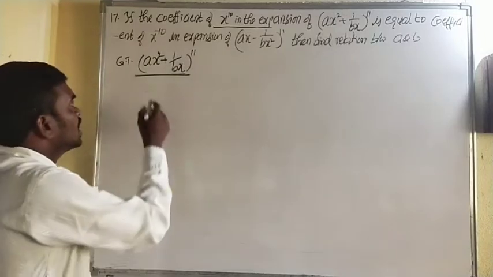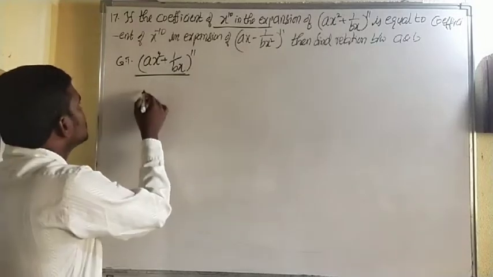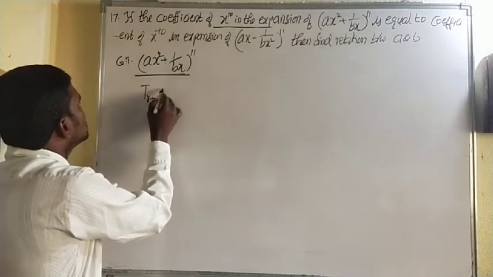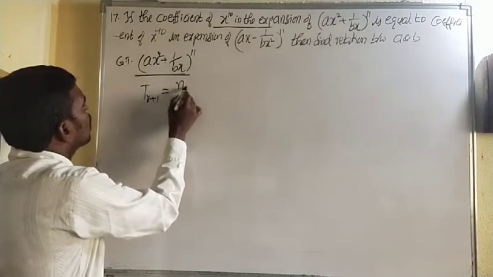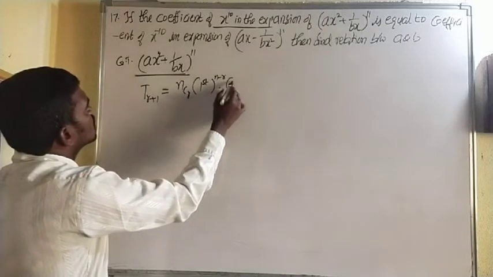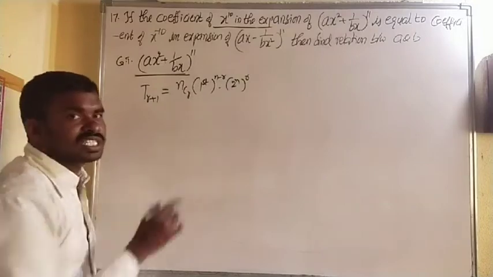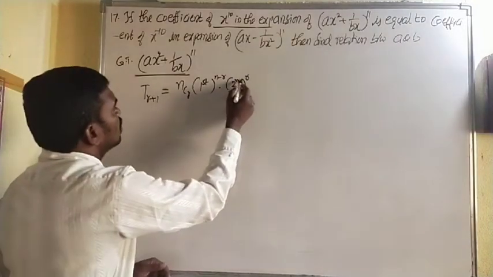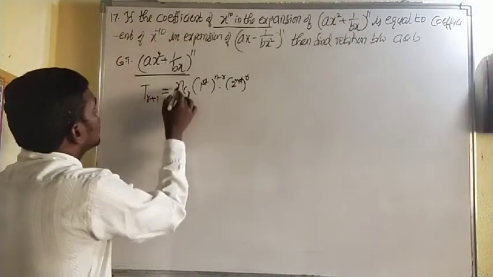Okay, so the general term I am going to find, that is the (r+1)th term, taken as T(r+1). What is the formula? nCr into the first term to the power n minus r, into the second term to the power r. Here n means 11.